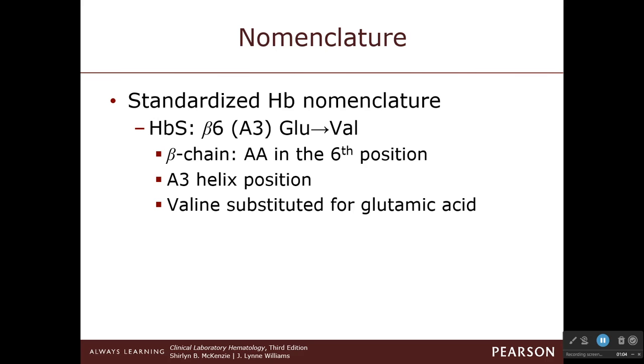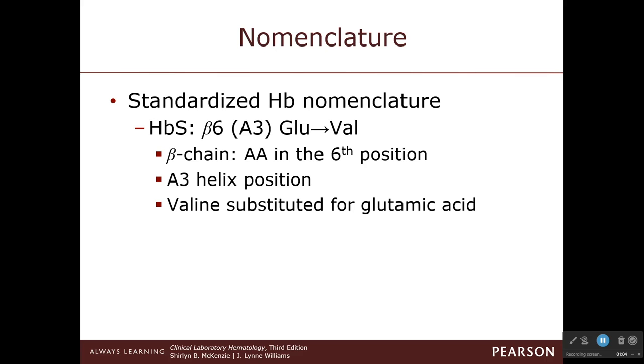Does that make sense? So normally it was supposed to be glutamic acid, but glutamic acid is replaced by valine. Does that make sense?